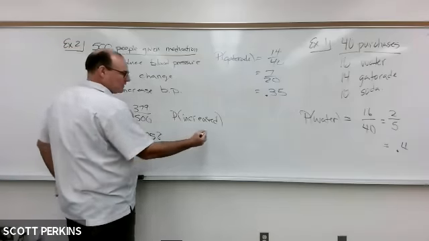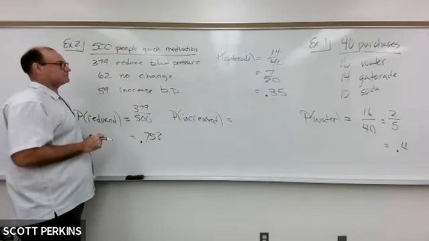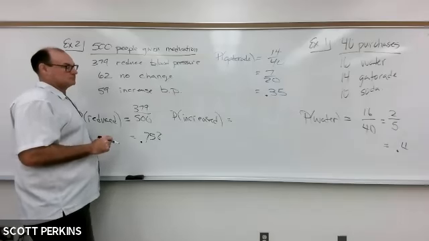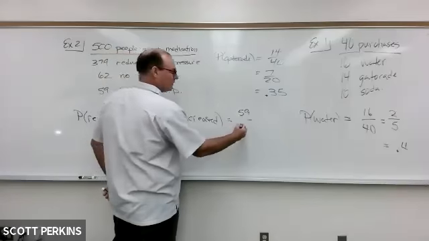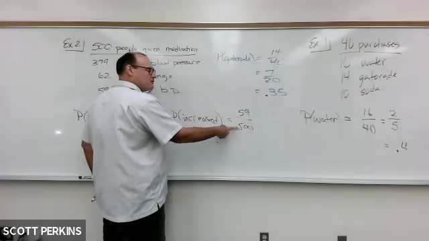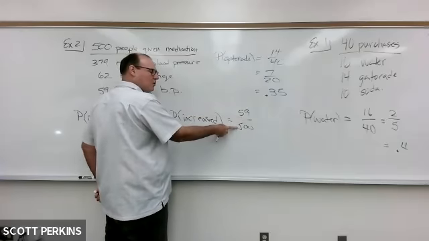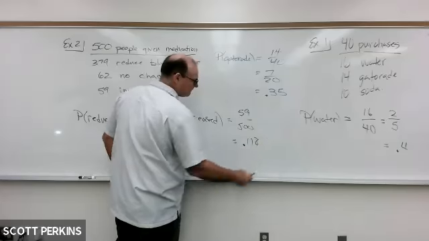Okay, so what's the probability it's increased? What's the numerator going to be in this situation? 59, great. What's the denominator going to be? The number of times my event occurs was 59. Total number of times the experiment was performed is 500. And when I do that, is that 0.118?